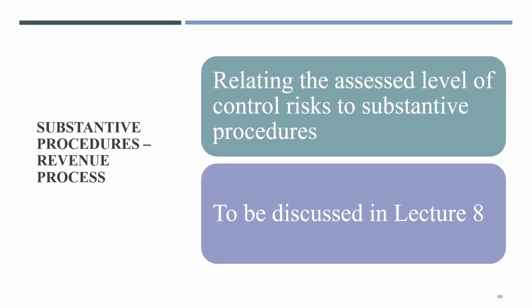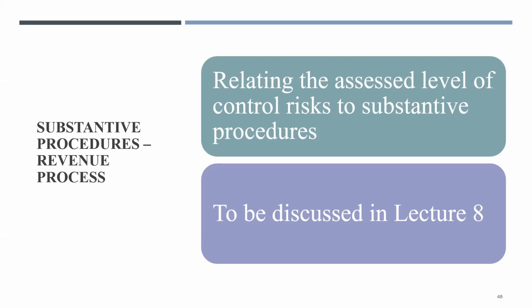So here, what we want to do in the test is we get 100 sales invoices in accordance with the sales book. We match these 100 sales invoices to the underlying transaction documents like sales orders and shipping documents.